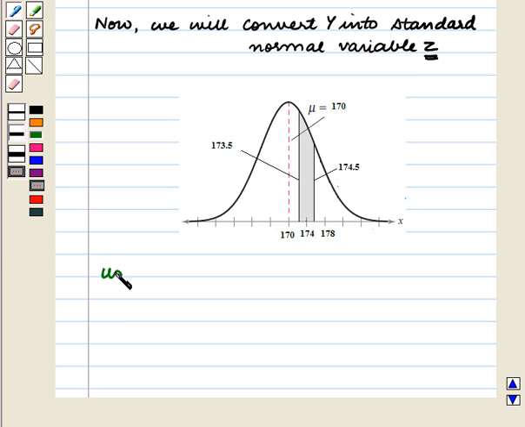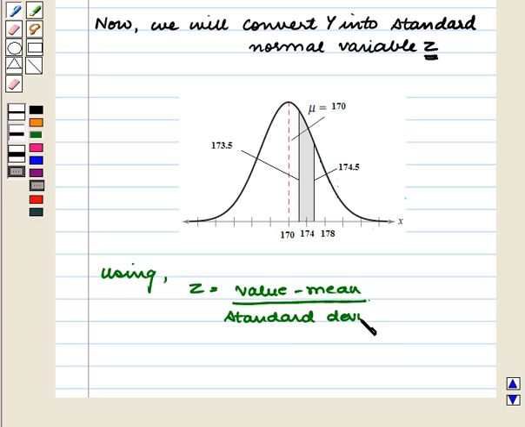using z equal to value minus mean upon standard deviation, that is equal to y minus mu upon sigma.